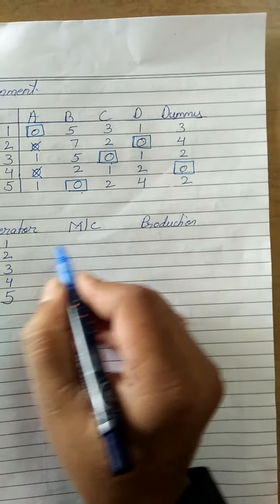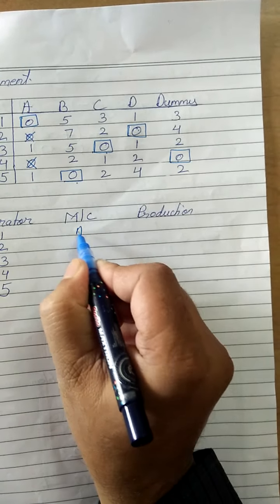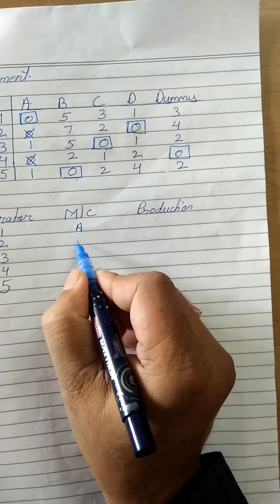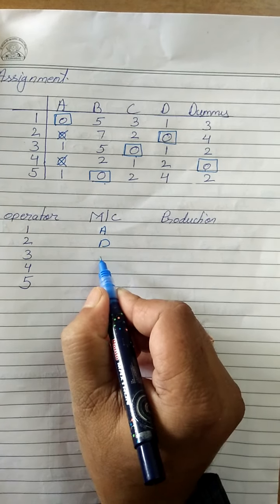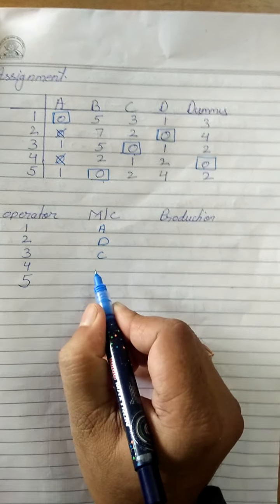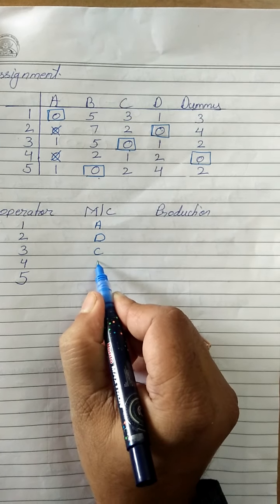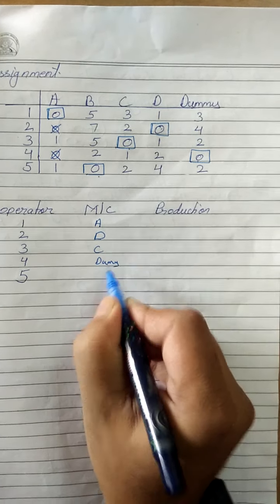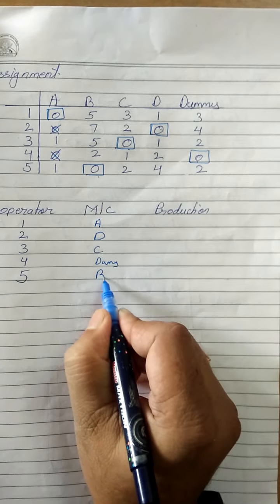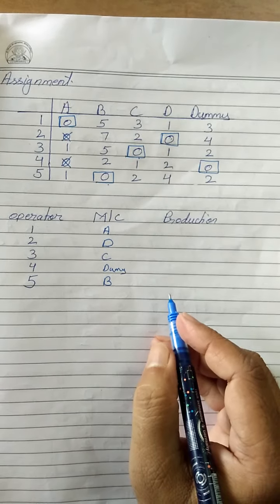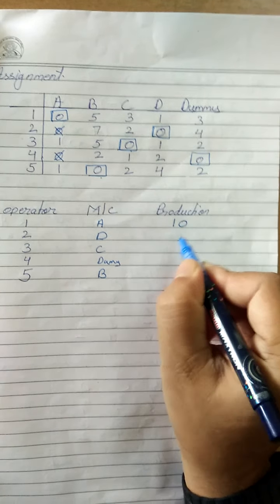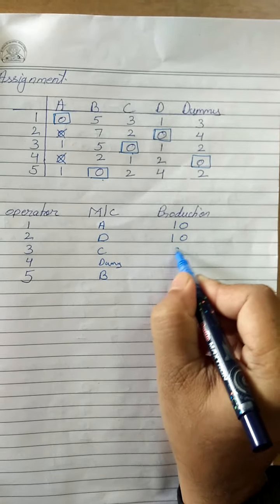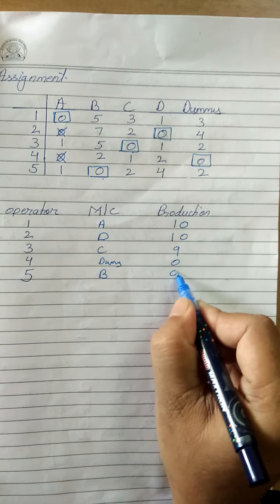Operator 1 is assigned to machine A. Operator 2 is assigned to machine D. Operator 3 is assigned to machine C. Operator 4 is assigned to the dummy. Operator 5 is assigned to B. Now we need to take the original values from the original matrix, that is 10, 10, 9, 0, 9.